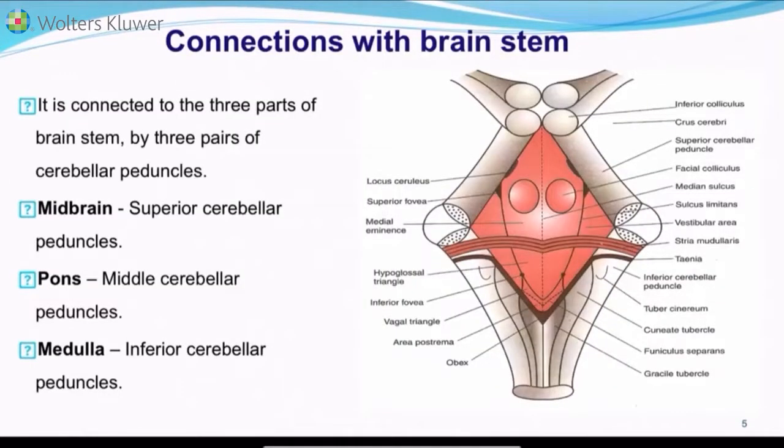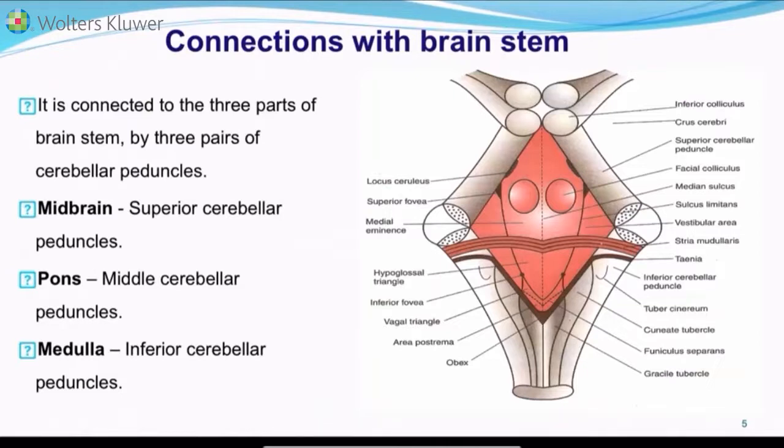The cerebellum has very important connections with the brainstem. We know the three parts of brainstem. From above downwards, they are midbrain, pons and medulla. The cerebellum is well connected by means of cerebellar peduncles with the three subdivisions of brainstem. With the midbrain, it is connected through superior cerebellar peduncles. With the pons, it is connected through middle cerebellar peduncles.